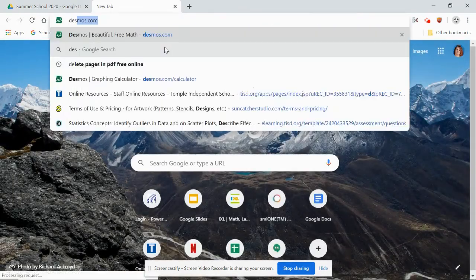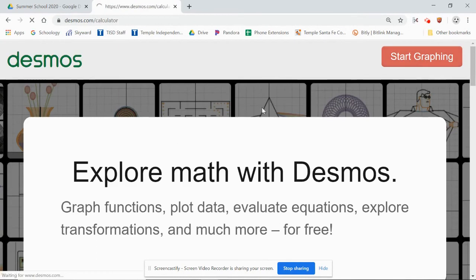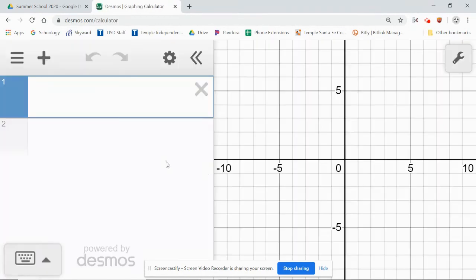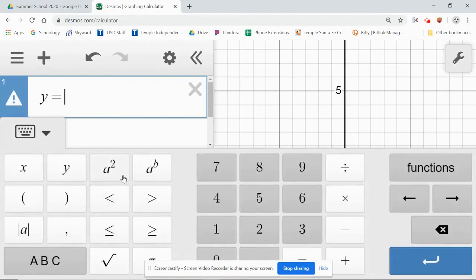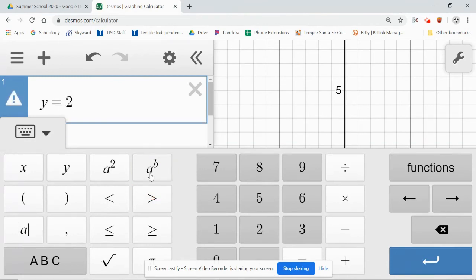So Desmos is desmos.com. And to put in an exponential, it's y equals, and you can use the button at the bottom. A to the x will give you the exponential option. So say it's 2, push that button and then put in x, and it will put in your equation.